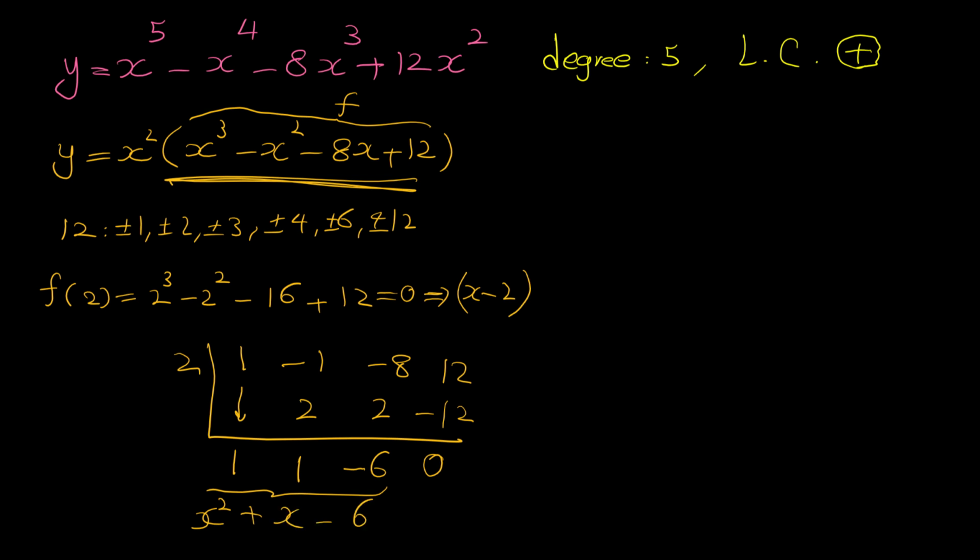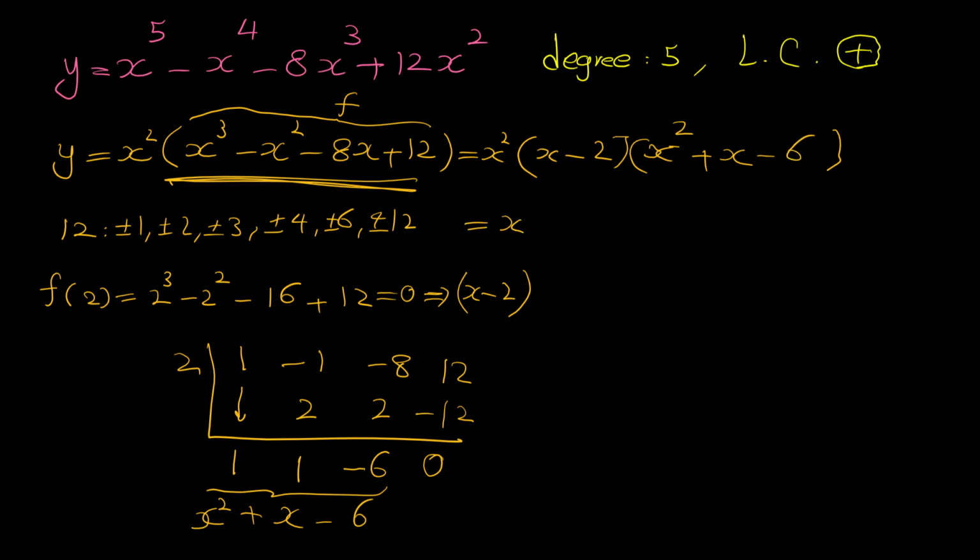So this means that this can be written as x^2 times x minus 2, this factor here, times x^2 plus x minus 6.